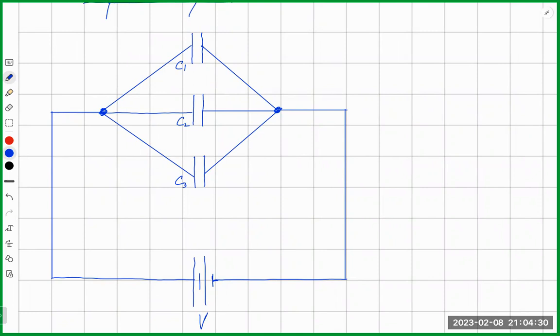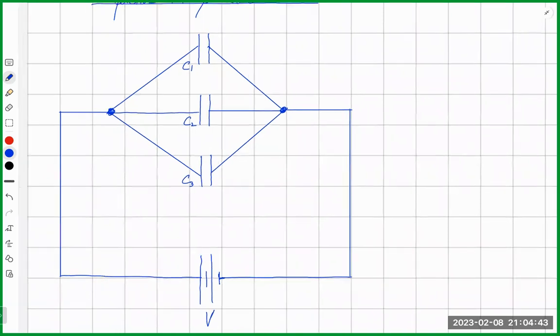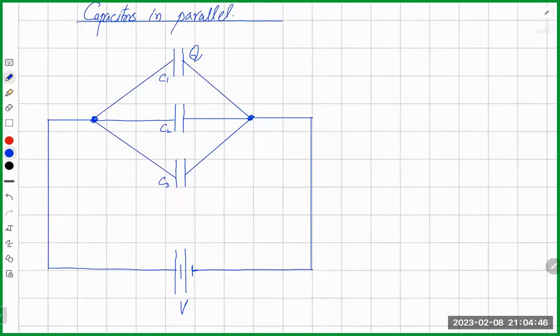You know why? Because every capacitor has its own capacitance. So different kinds of charge will flow through. The capacitor that has more capacitance will have more charge. The one that has less capacitance will have less charge. So there will be charge Q1 on the first one, Q2 on the second one, Q3 on the third one.